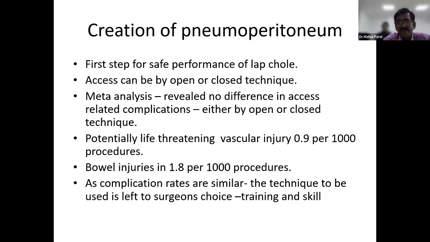However, you'll find that the complications, such as bowel injury, are almost similar with the different techniques. So the surgeon has to pick a particular technique and follow it in his day-to-day practice.